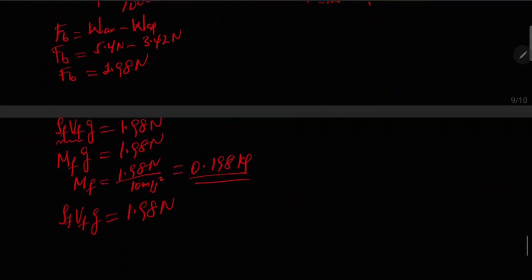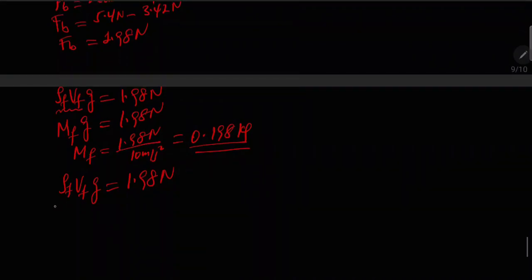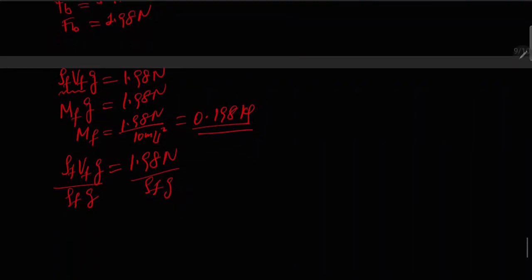ሶ ወደ ፎርሙላችን እንምጣና ይሄኛው ምንድን ነው የምናደርገው? By dividing both sides by density of fluid times g, density of fluid by density of fluid, g by g, እዚህ ጋር ስንት ነው የሚቀረው? Volume of displaced fluid ቀራል ማለት ነው, which is 1.98 Newton over density of the fluid.